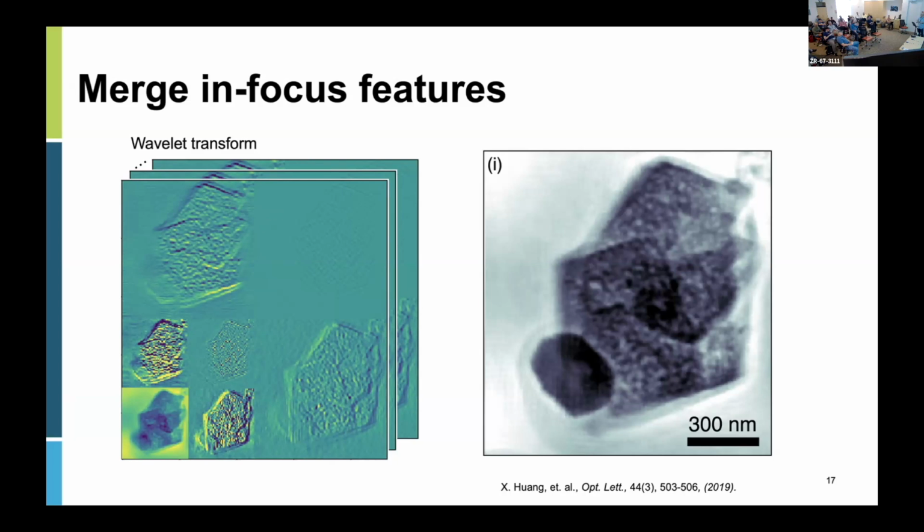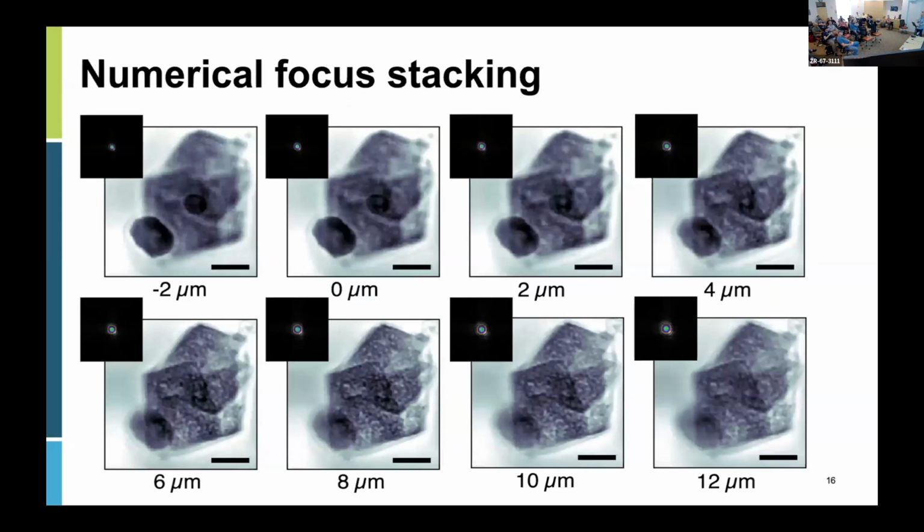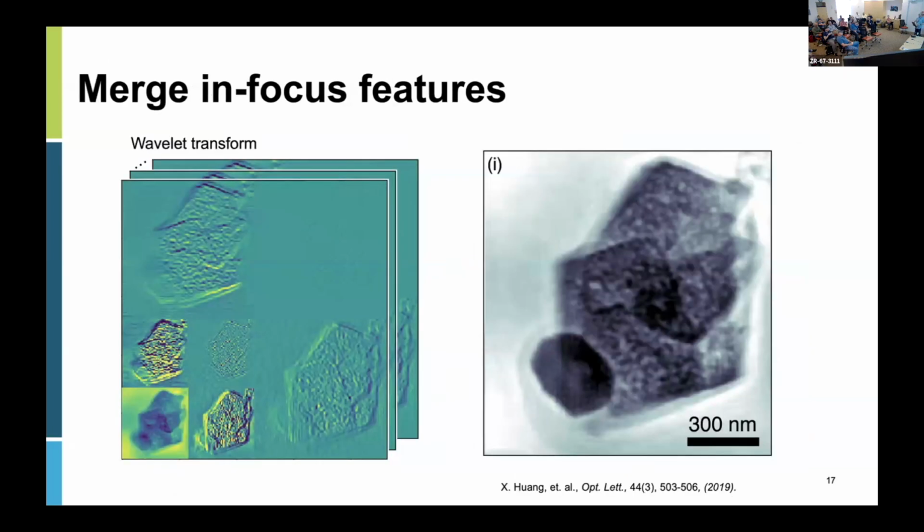To do this job, we use the wavelet transform. Compared with the Fourier transform, the wavelet transform not only tells us which signal is significant, it also tells us where this signal is coming from. So we start with the series of reconstructions at different propagated wavefront functions, and then we apply the wavelet transform to each of these reconstructed images. So we can create a stack of those wavelet transforms. And then at each pixel, we go through the stack and pick up the maximum pixel value.